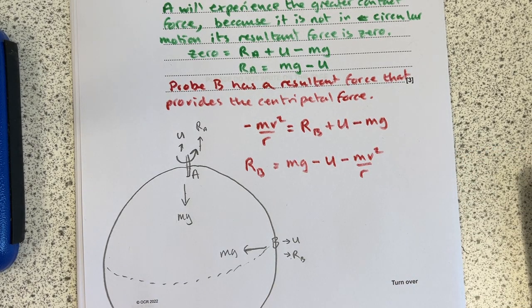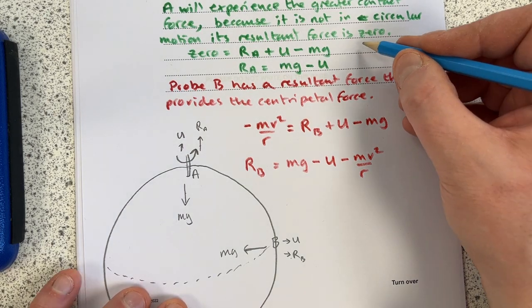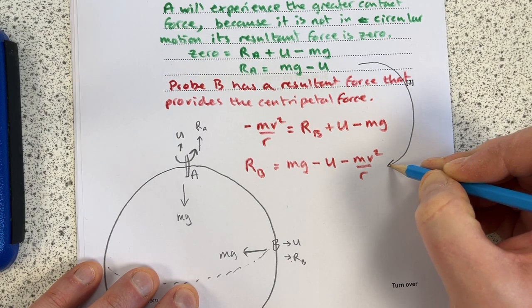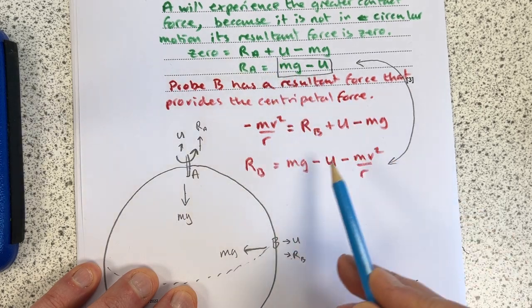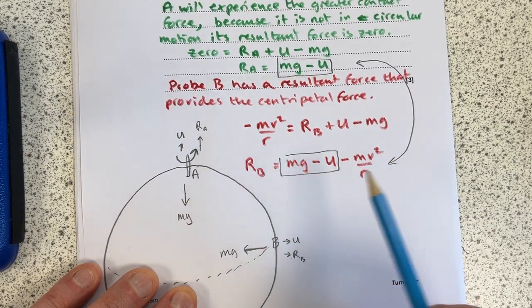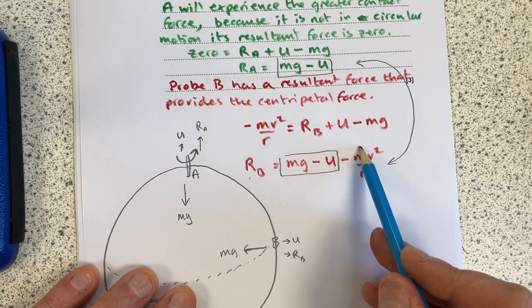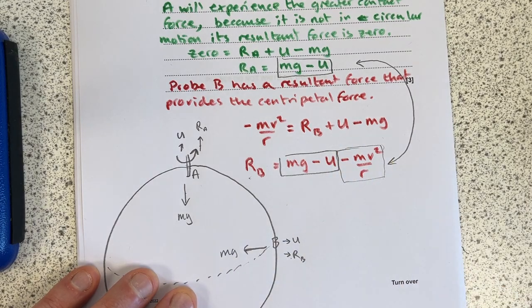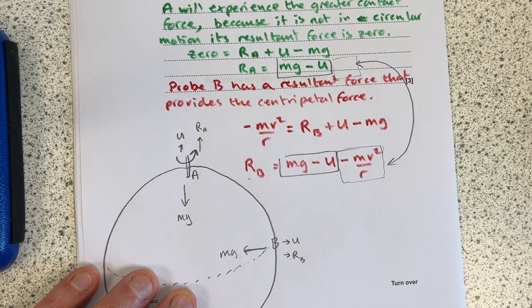Don't know why I hesitated there. But now when you do the like-for-like comparison of RA versus RB, they're identical there. And the reason why RB is smaller is because you need to leave a little bit left over for it to have a centripetal force, whereas RA doesn't require the centripetal force.